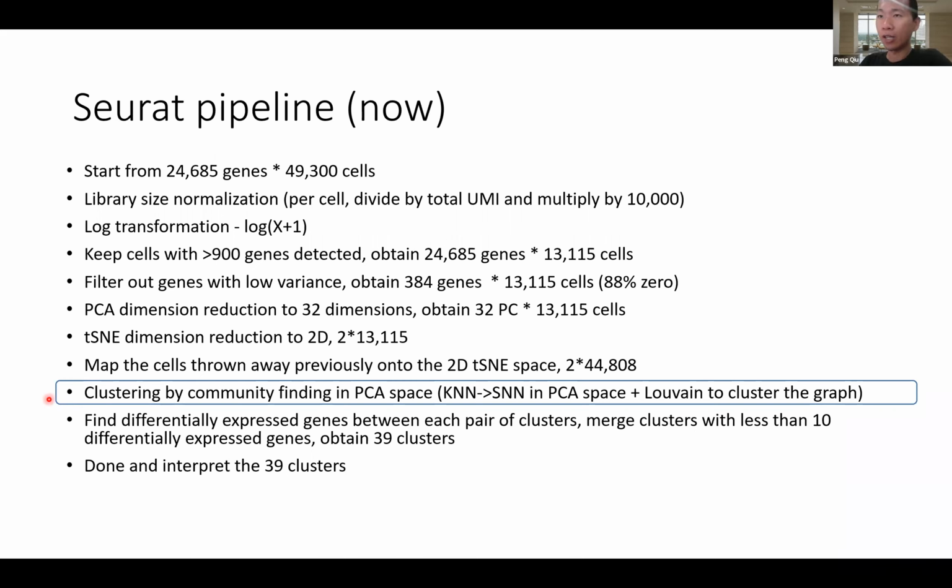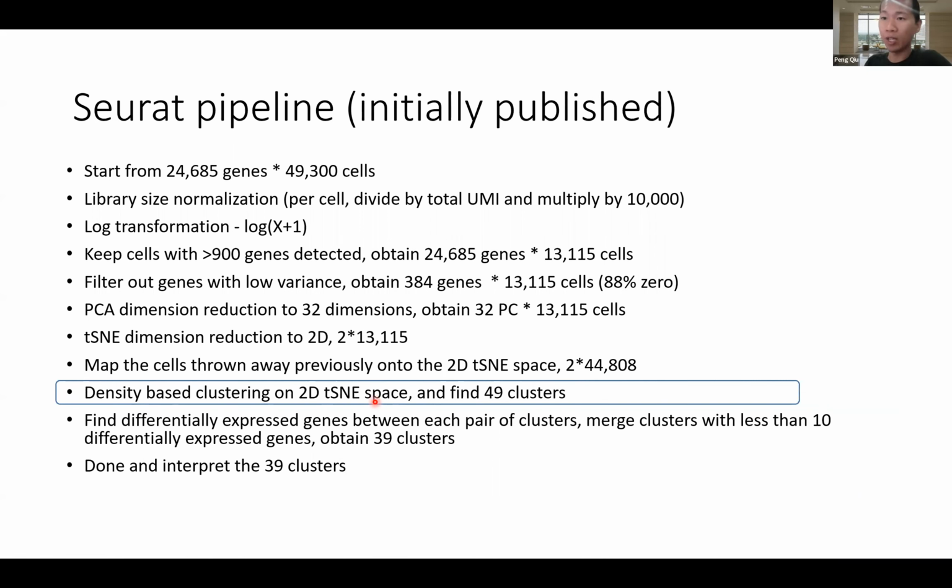And nowadays, I think the common consensus is that it is better to define clusters based on the PCA space. Otherwise, if we do it the previous way, then we're 100% trusting the UMAP or t-SNE visualization to define clusters.